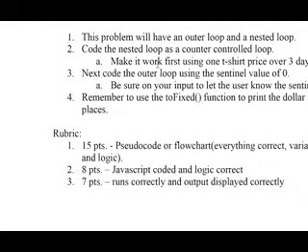Make it work first using one t-shirt price over 3 days. Okay? So at the end of 3 days, that's all you have to print out. So for each customer, you're only going to have 3 prices of the t-shirt. So you're telling that customer, if you buy it the first day, it's this price, second day, it's this price, third day, it's this price.